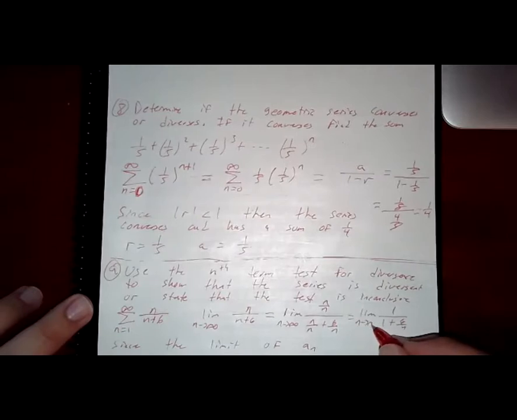When you take the limit, this goes to 0. Since the limit of a_n is not equal to 0, the series diverges.